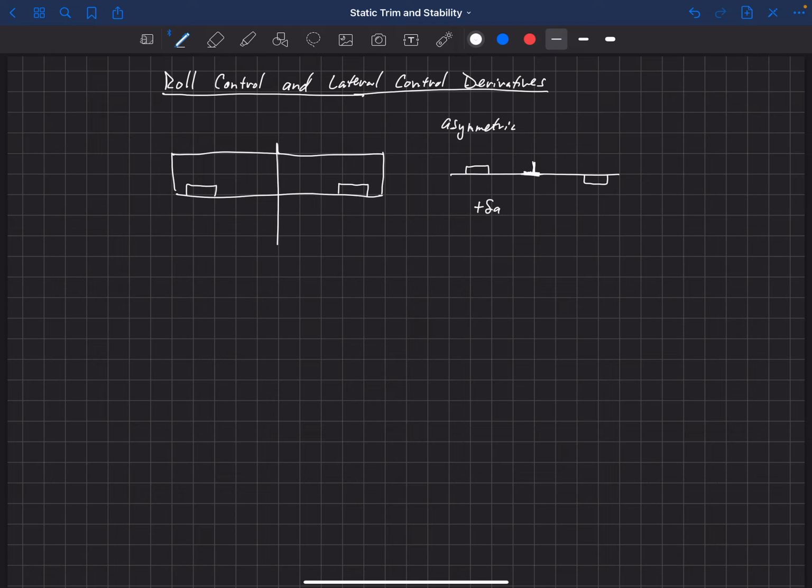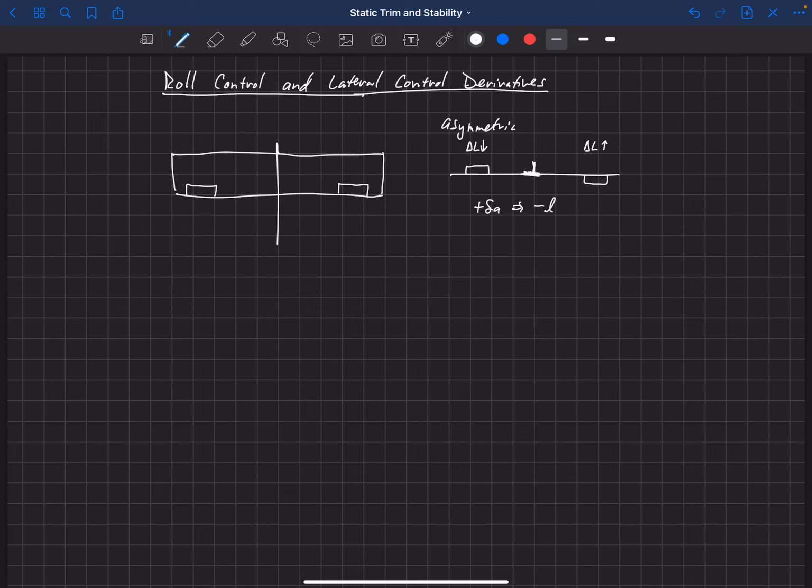In general, what happens is the difference in lift, delta L, is increased on the right-hand side for a positive aileron deflection, and decreased over here on the left-hand side. And so a positive aileron deflection corresponds to a negative rolling moment. Okay, so that creates a rolling moment to the left with a positive aileron deflection.